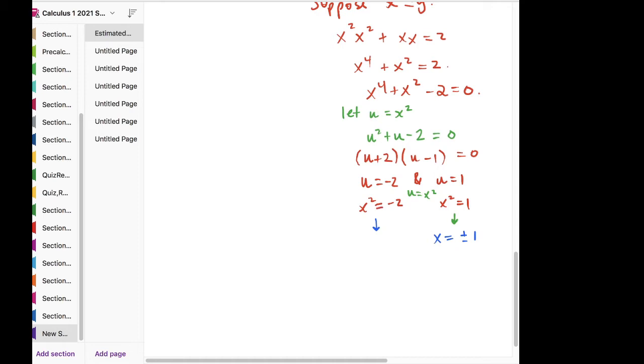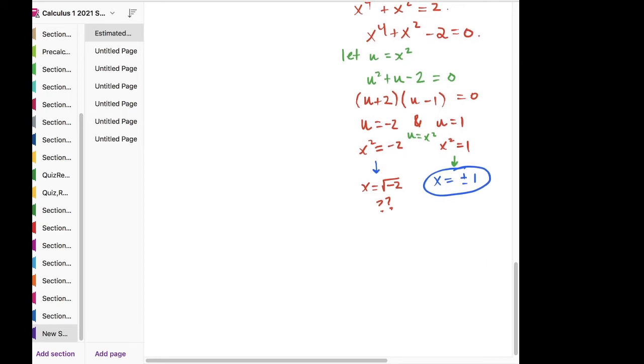Okay, let's try square rooting. What happens when you square root? What is that? Yeah, who knows what that is? Right, it's an imaginary number. We live in the real land, not imaginary land. So it's just x equals plus or minus 1. So what are the xy values?